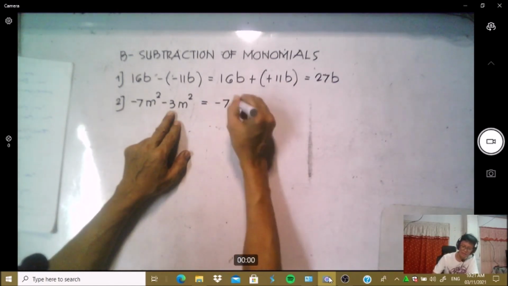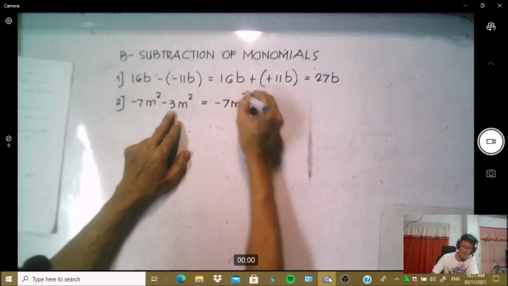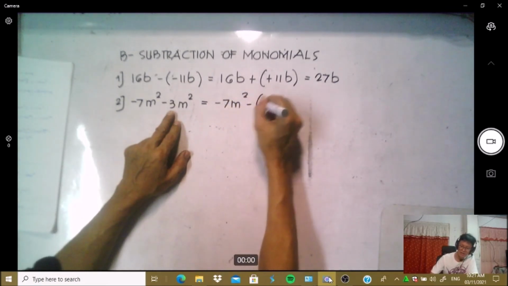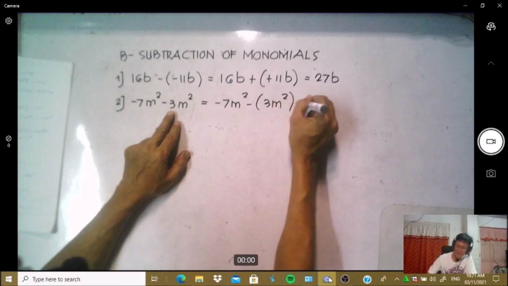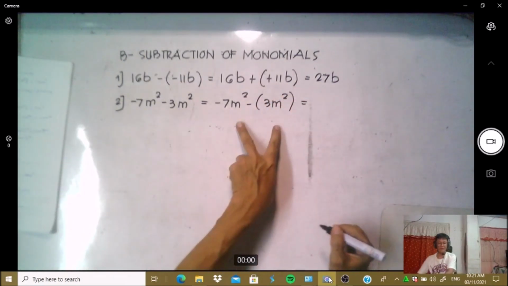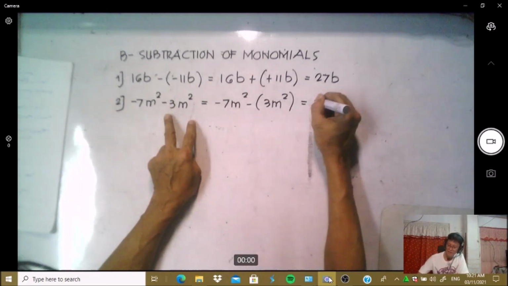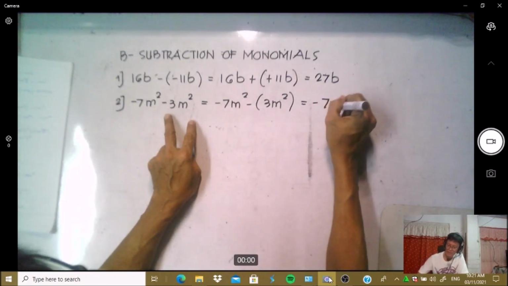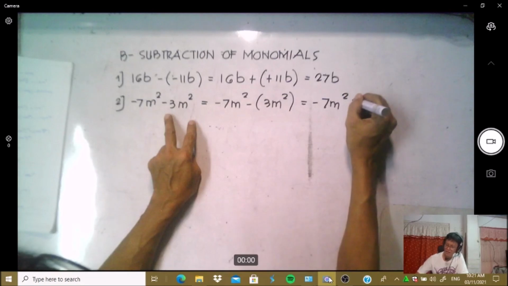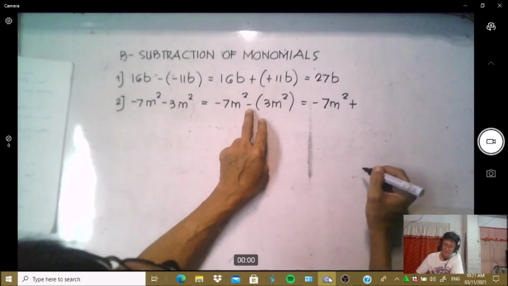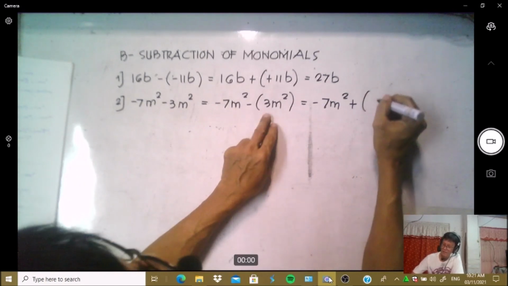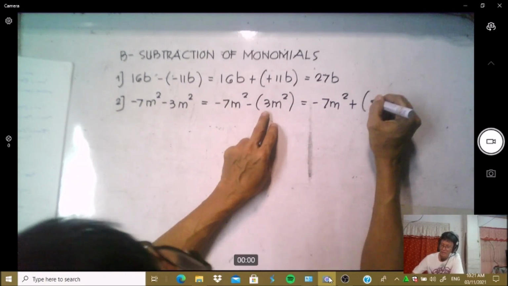We have negative 7m squared minus positive 3m squared. So we have just rewritten this into this form. Then change the operation from subtraction to addition, then change the sign of the subtrahend from positive to negative 3m squared.